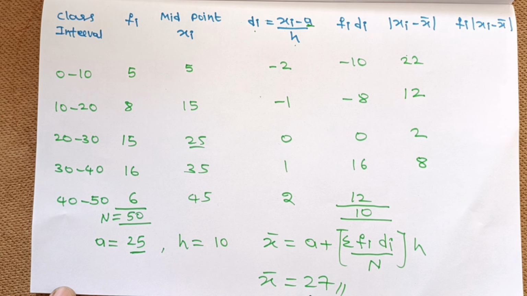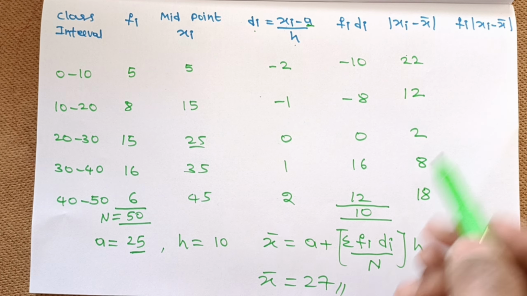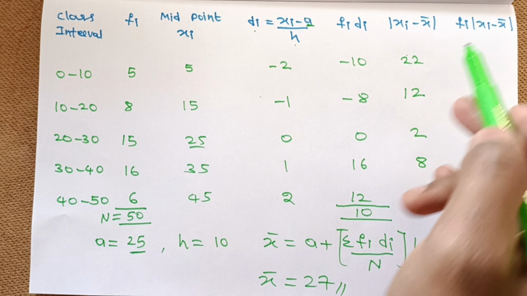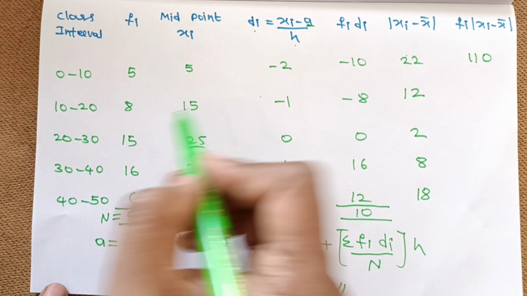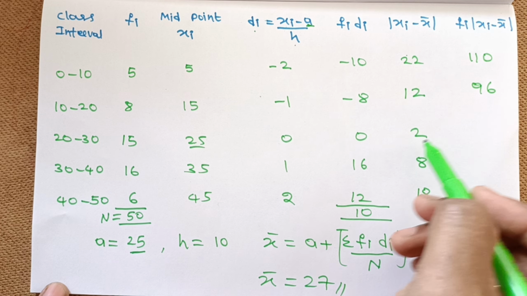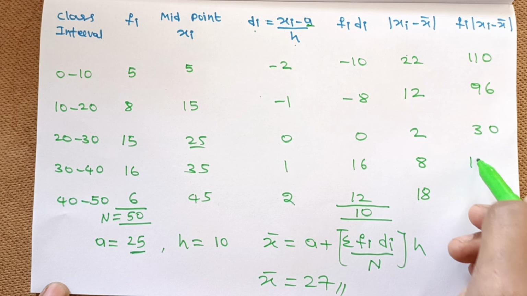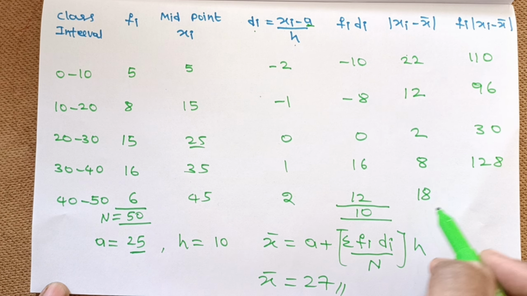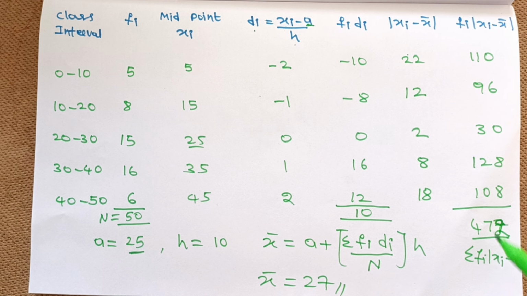Next 45 minus 27, 18. And multiplying with frequency fi: 5 into 22, 110. Next 8 into 12, 96. 15 into 2, 30. 16 into 8, 128. 6 into 18, 108. Now we add all these and get 472. That is sigma fi into modulus of xi minus x bar.